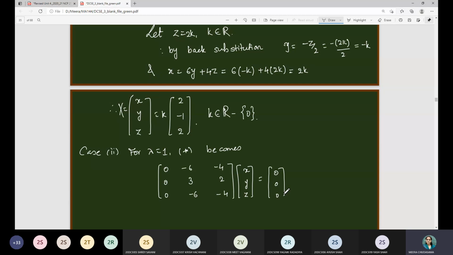Quickly solve this system and let me know which eigenvector you are getting. I am giving you 2-3 minutes for this one.